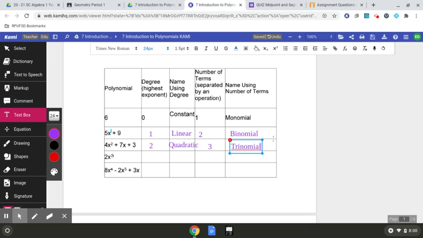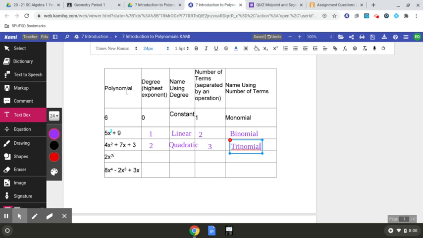So trinomial. Anything more than 3 terms, just so you guys know, is called a polynomial. There's no specific name that it has. So up to 3 terms, we say monomial, binomial, trinomial, and then beyond that, it's just a polynomial, meaning many terms.